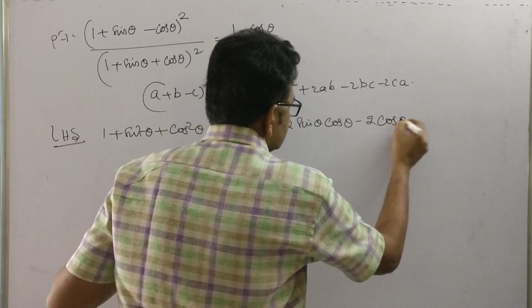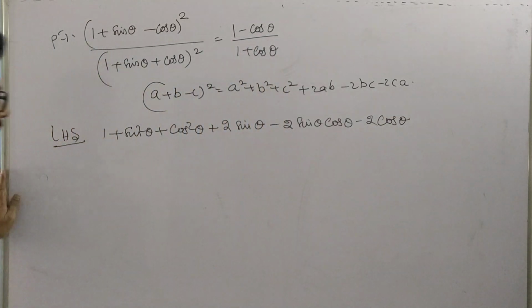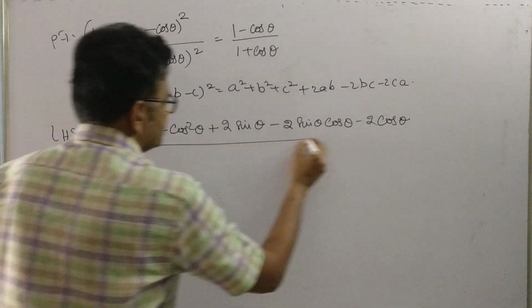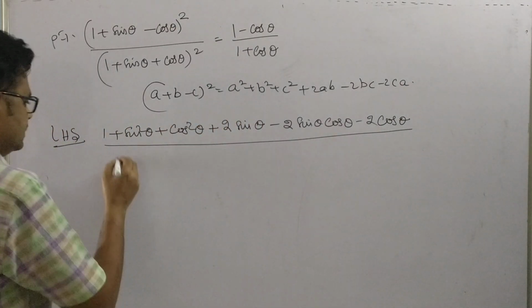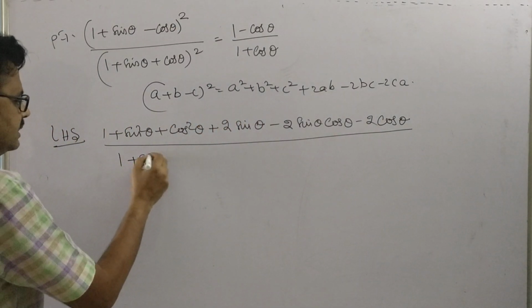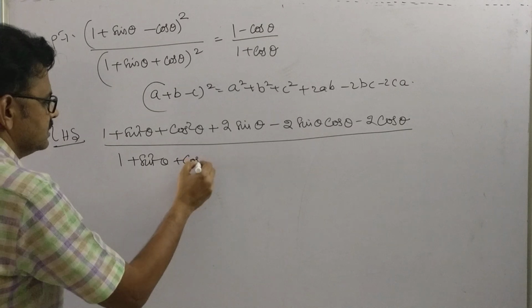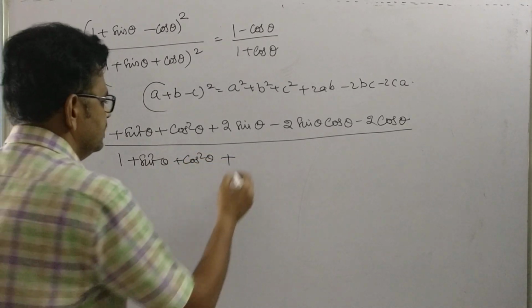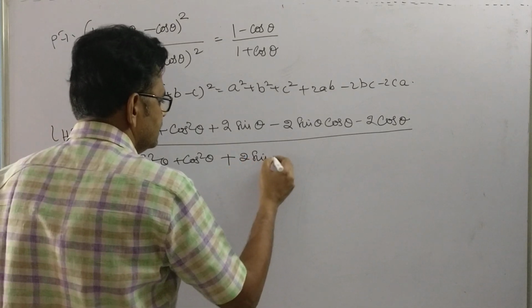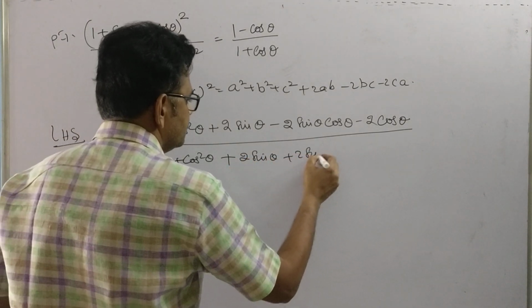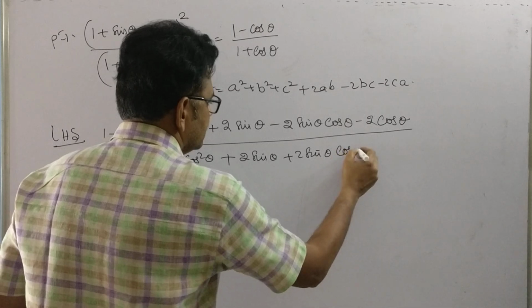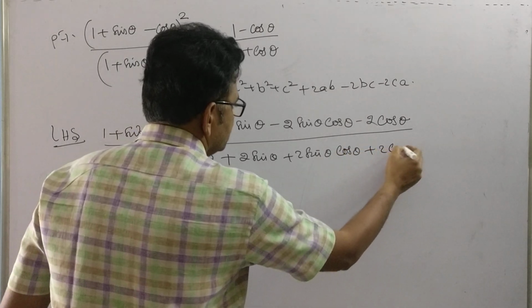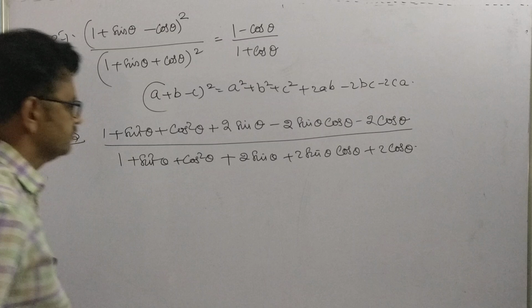So this is 1 plus sin square theta plus cos square theta, plus 2 sin theta, plus 2 sin theta into cos theta, plus 2 cos theta.